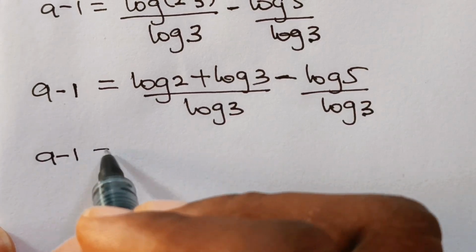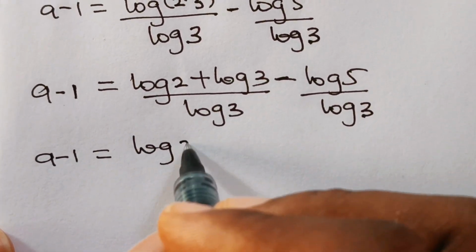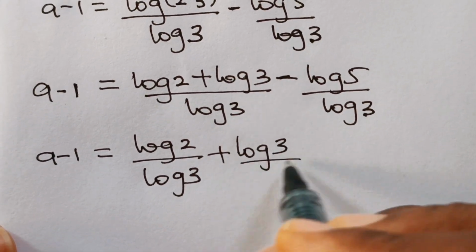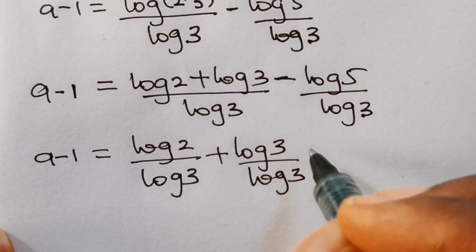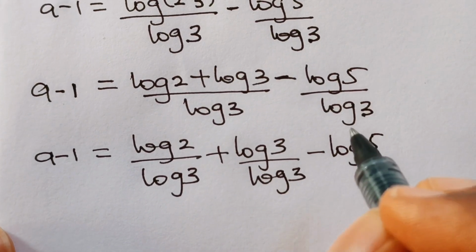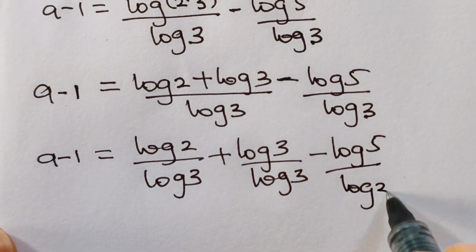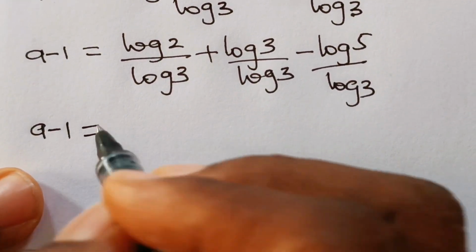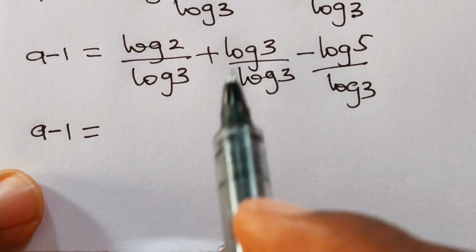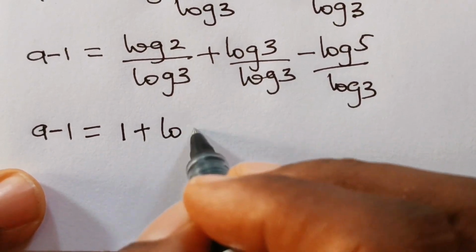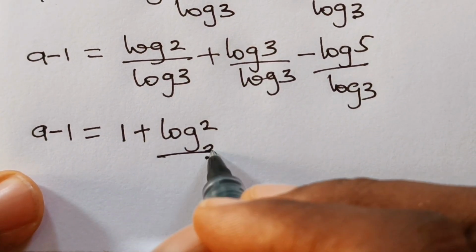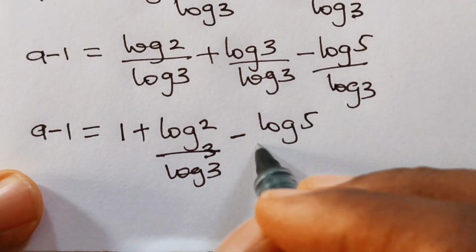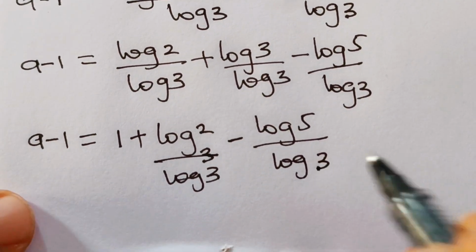So we have a minus 1 is equal to log 2 divided by log 3 plus log 3 divided by log 3 minus log 5 divided by log 3. Log 3 divided by log 3 will give us 1, plus log 2 divided by log 3, minus log 5 divided by log 3.